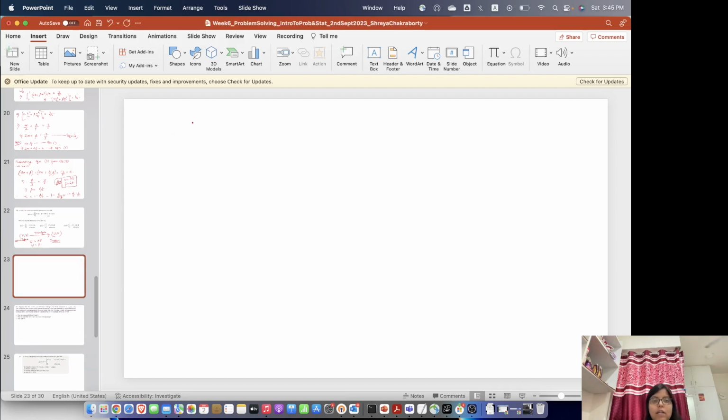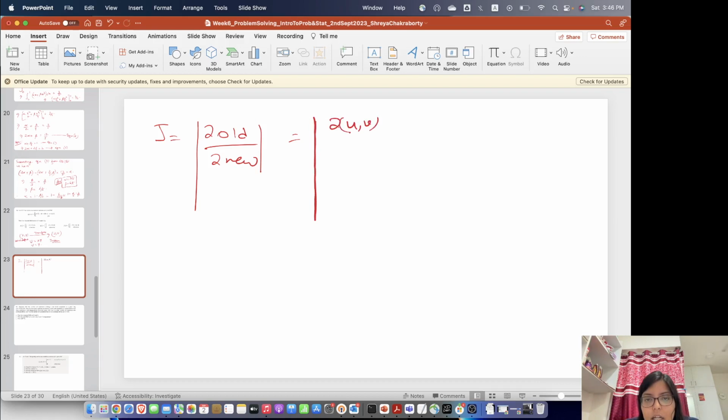So Jacobian essentially means determinant of del old by del new. So it can be written as, this is not the official thing to write, you should write it in this manner.